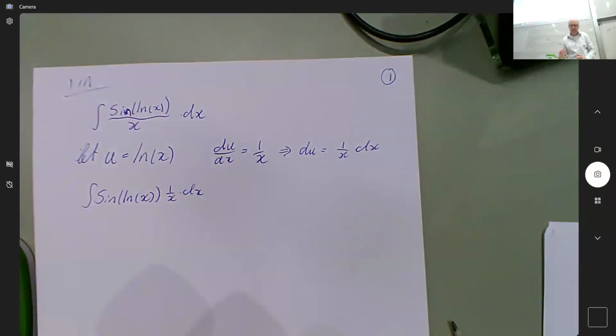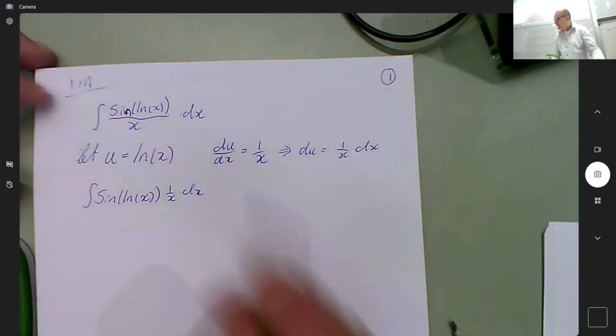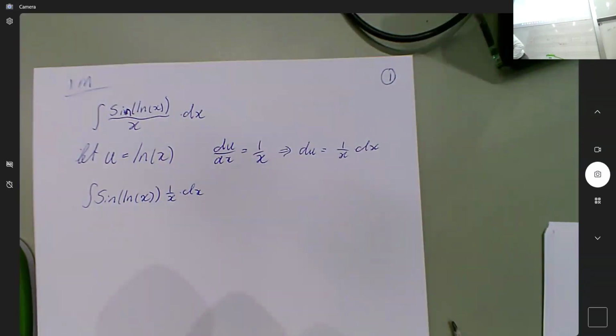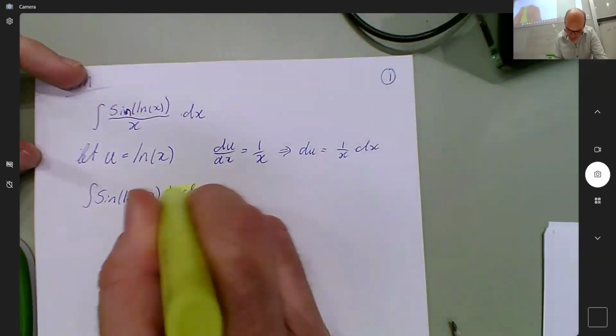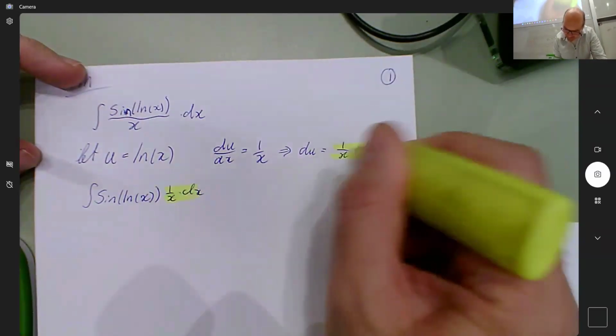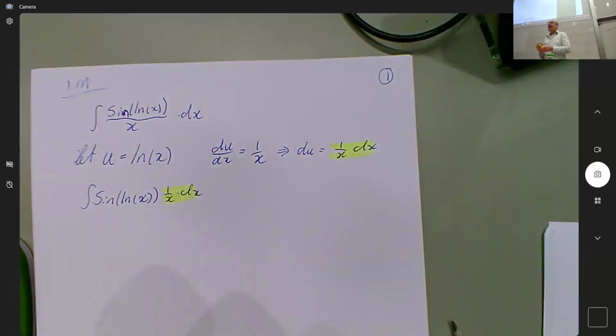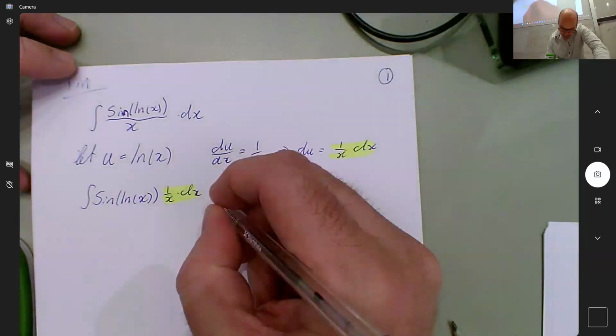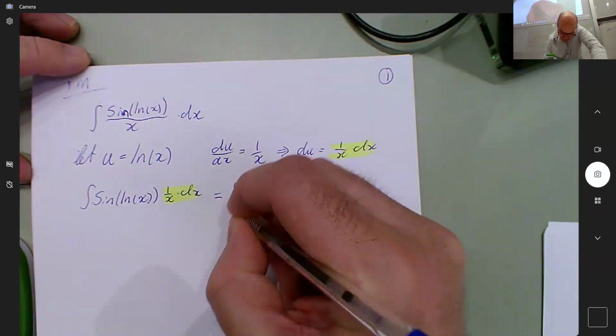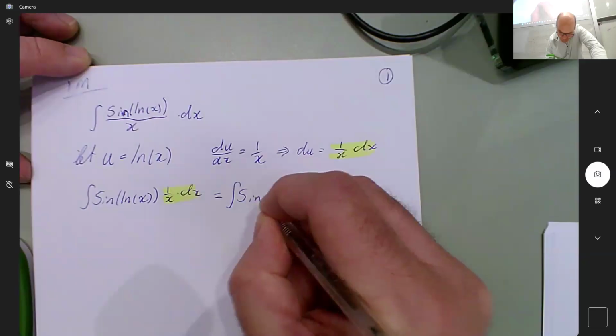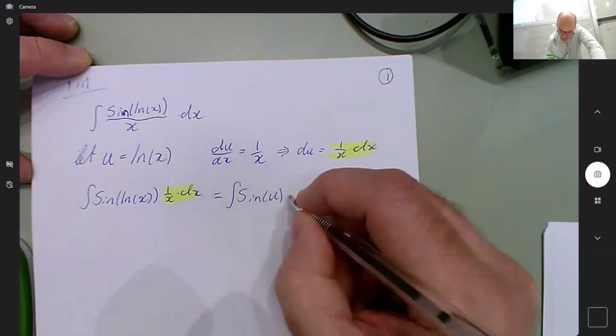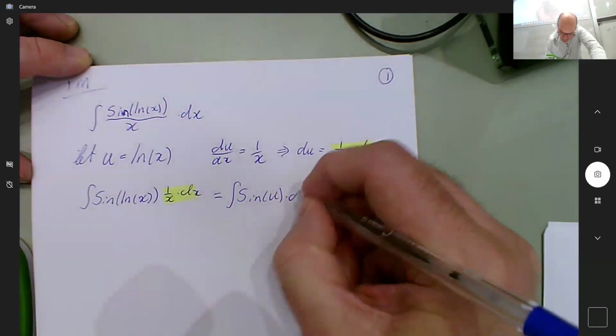You don't have to do that, but because I'm trying to explain what I'm doing, I want to make it quite clear that this bit here, using a highlighter, is the same as this bit here. And that's the bit that tells me that I've probably got my substitution correct. So this is going to become the integral of sine of u, and this bit's going to become my du.